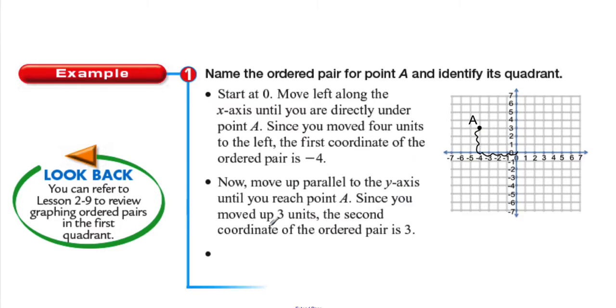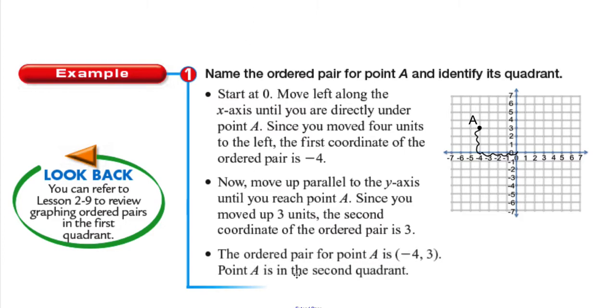Since you moved up 3 units, the second coordinate of the ordered pair is 3. So the ordered pair for point A is negative 4, 3. Point A is also in the second quadrant.